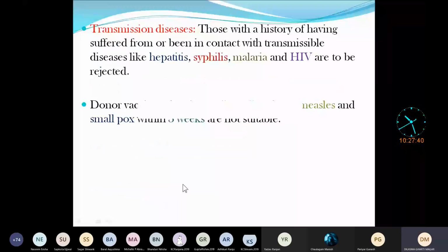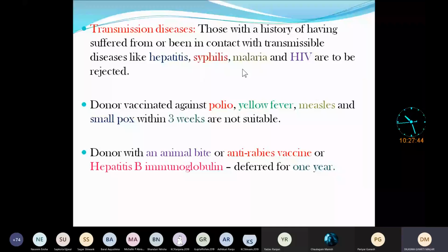Now you see here, in case of transmissible diseases, at that time also we should not take blood. These are persons who have a history of suffering from, or have been in contact with, hepatitis, syphilis, malaria, HIV.